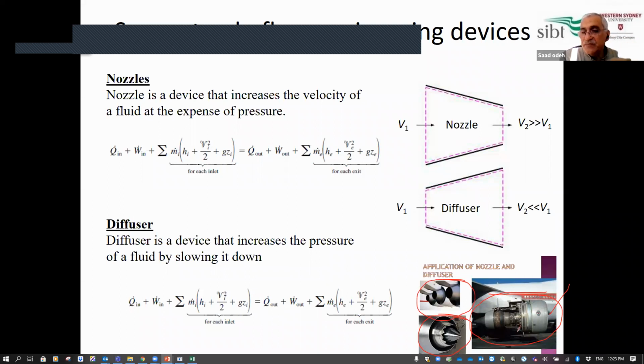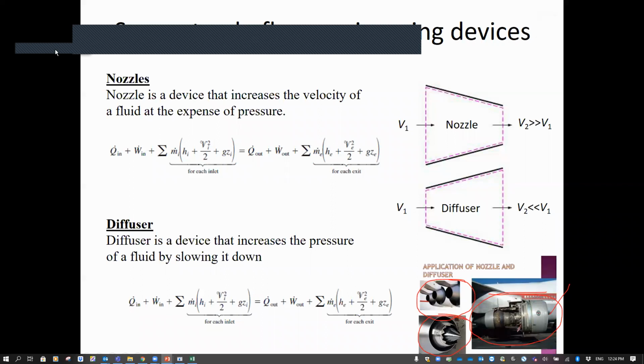At the exit, we now want thrust to push the airplane forward. So this is an application for these two devices in one system. We have a diffuser in the gas turbine of the plane, and we have a nozzle also. Is it clear for you?